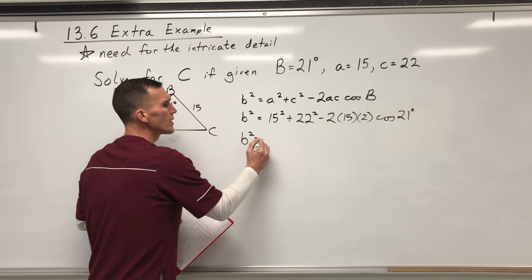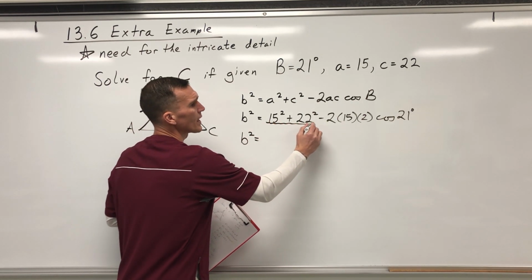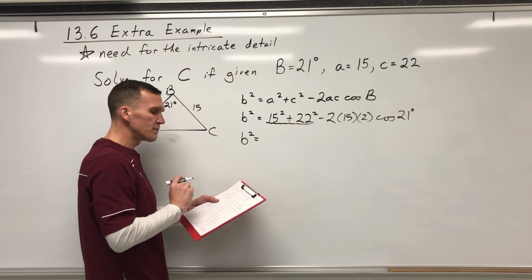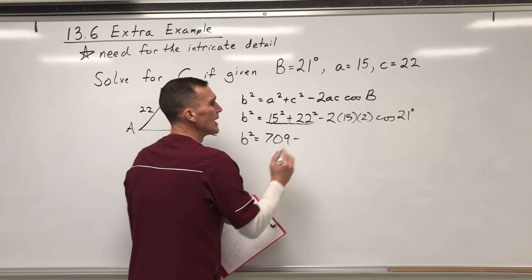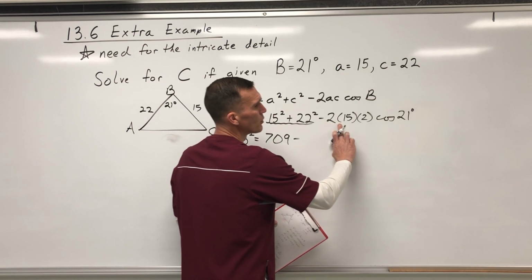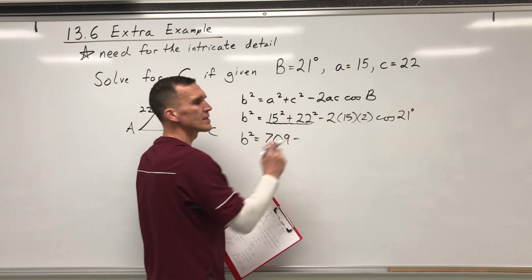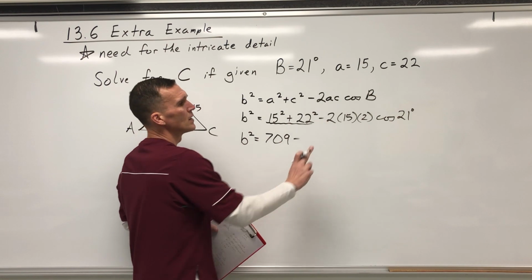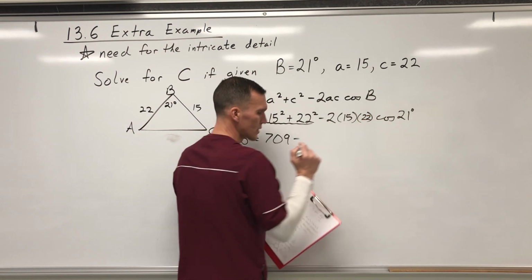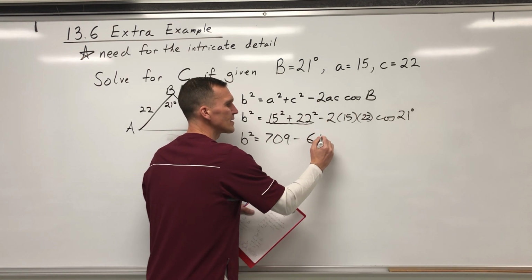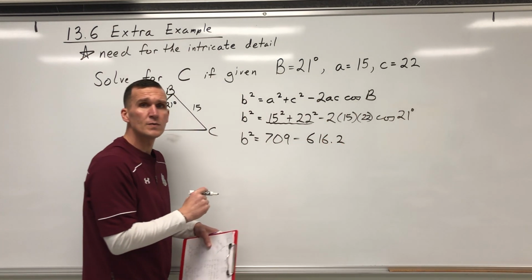So b squared equals, I'll do these two parts together because they're like terms, and 15 squared plus 22 squared is 709. And then it's minus, I usually just multiply that all out: 2 times 15 times 22 times the cosine of 21, I get 616.2 approximately.